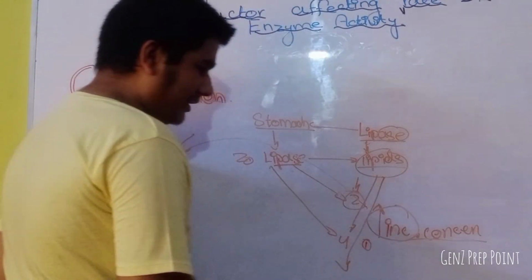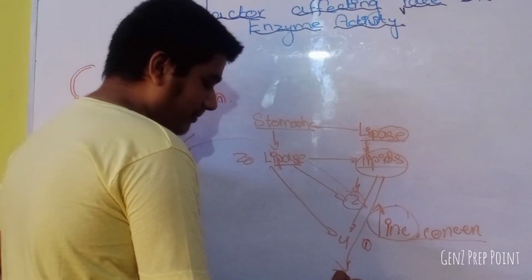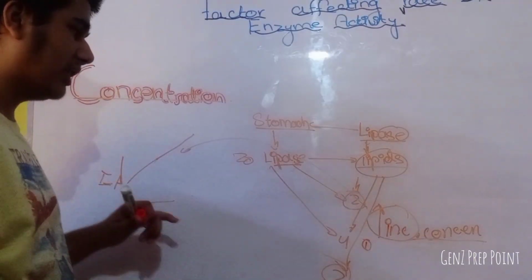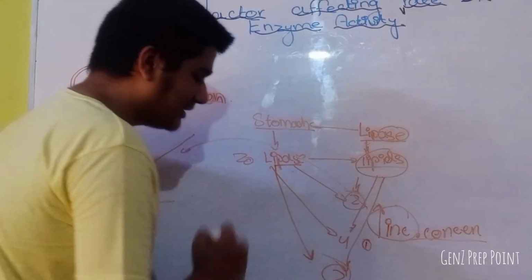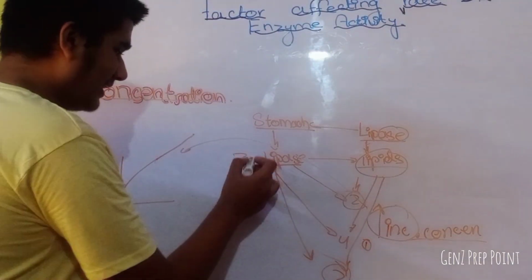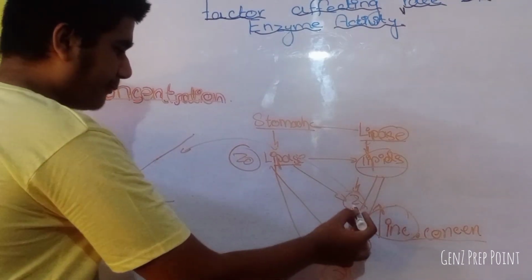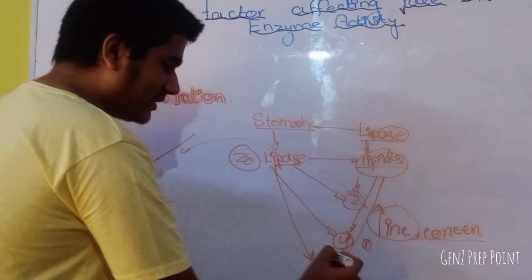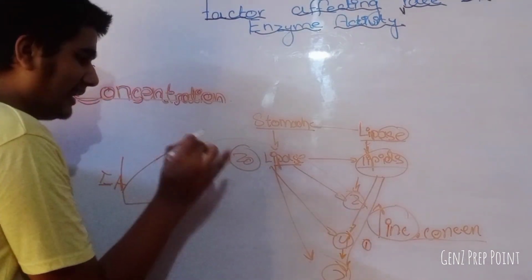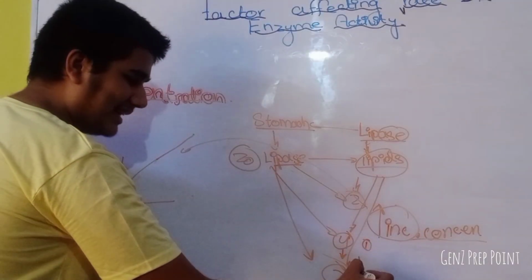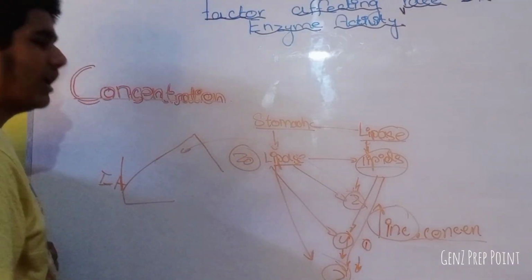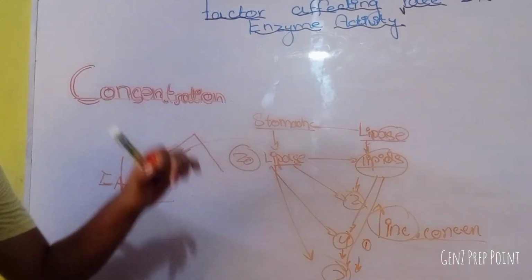If I then eat only 2 lipid molecules, these lipase enzymes digest them. There are 20. Before it had 4, now it has only 2. So it decreases. There is a fall in the enzyme activity. The enzyme activity lowers.